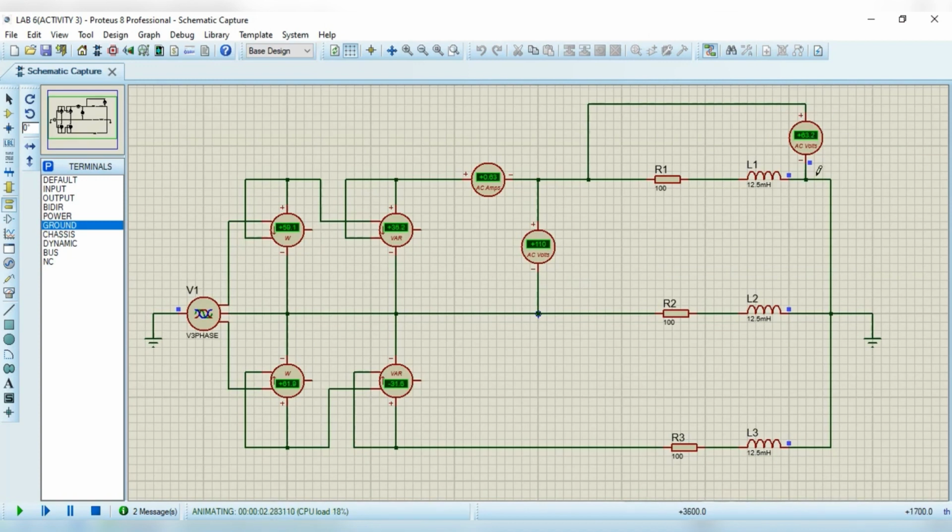For the power, 59.2 plus 62.1, and we get 121.3, and for the VAR, 37.5 plus negative 32.6, and we get 4.9. Okay, that's all from lab 6 activity 3.